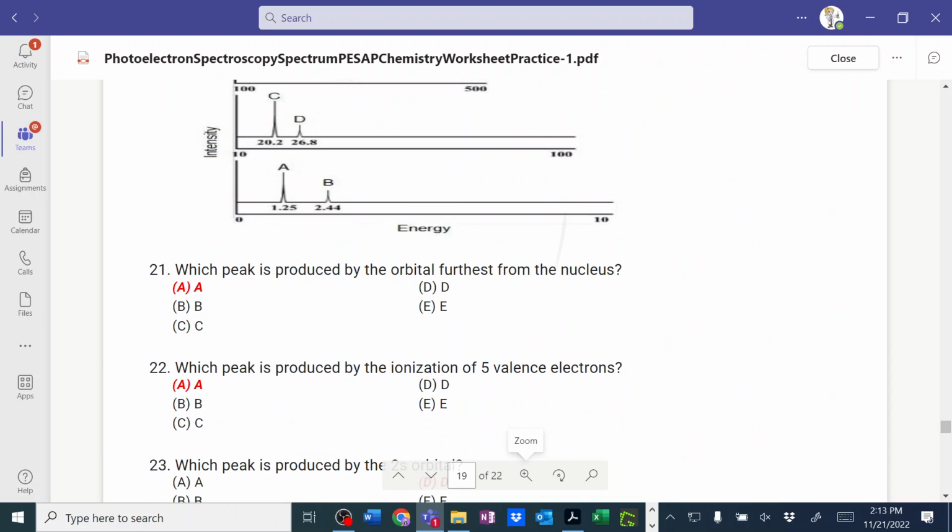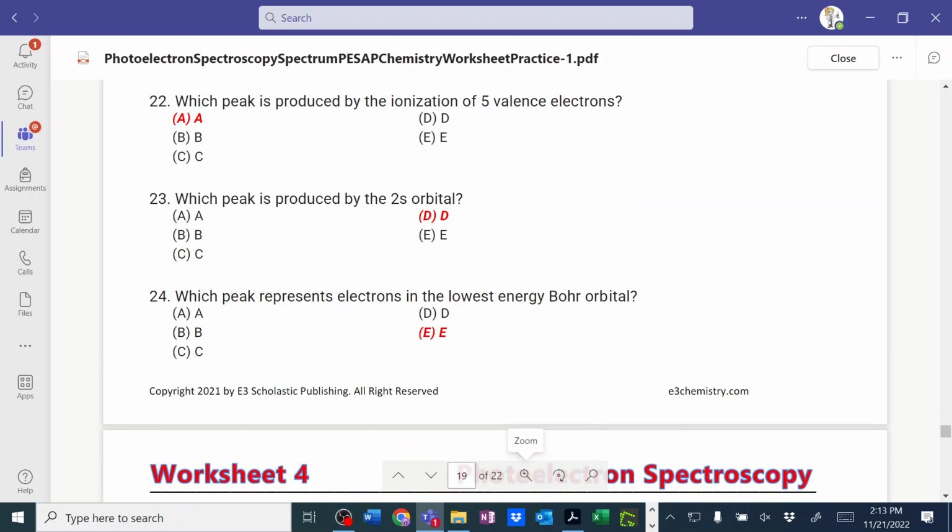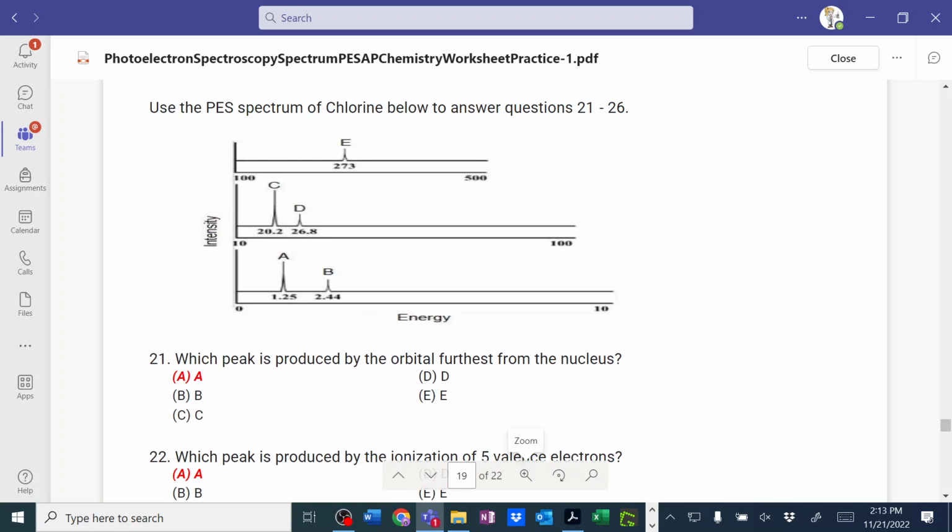If I had been clever, I would have printed these into OneNote ahead of time, but I hadn't thought that through. And then if I look at C and A, those have got to be P subshells. And C looks to be 3 times higher than D, right? So I'm guessing that that's a P6. And so that means that peak A would contain 5 electrons. Because it's bigger than B and D and E, which is 2 electrons, but it's not quite as big as C, which is 6 electrons.